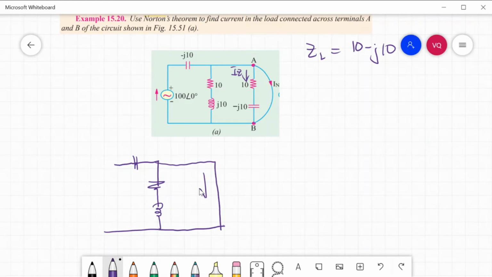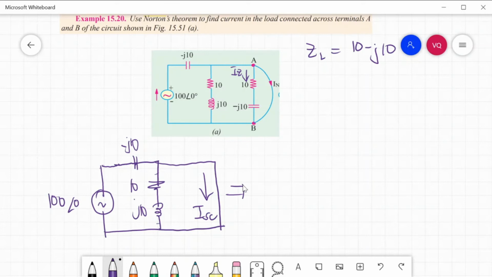So redraw. This is now our ISC or IN. So this is 100 angle 0, negative J10, 10 and J10. From this circuit, how will we solve for ISC? As you can see, the current flowing here without any resistance or inductance, or simply impedance, will most likely bypass this branch.